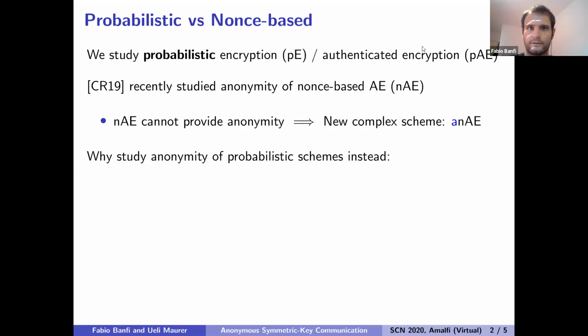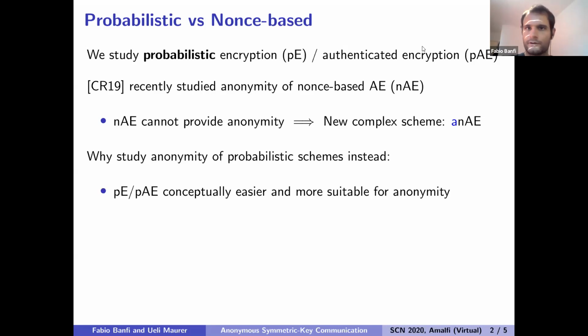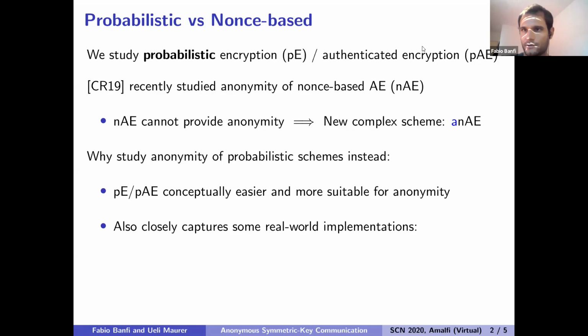We study instead anonymity of probabilistic schemes. First of all, we argue that they are conceptually easier and also much more suitable for a context where anonymity is important. Moreover, we also show that they can closely capture some real-world implementations.